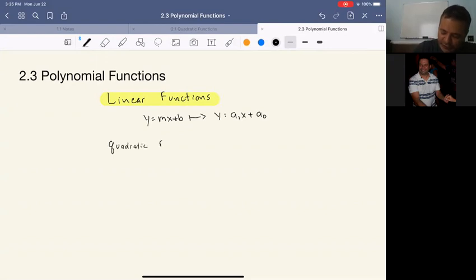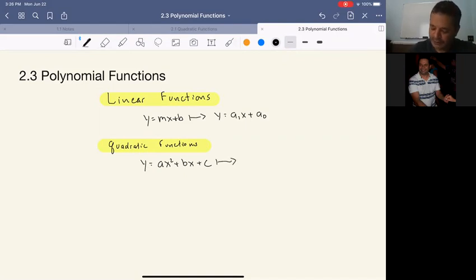Quadratic functions, which we looked at in the last section, are of the form y equals ax squared plus bx plus c. Now we're just going to relabel that.